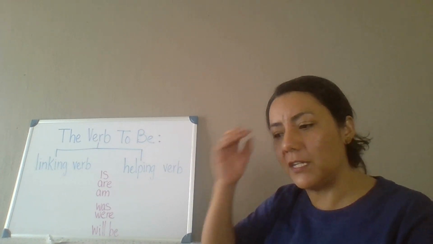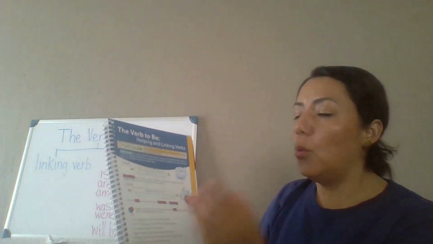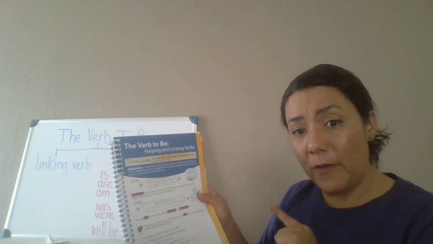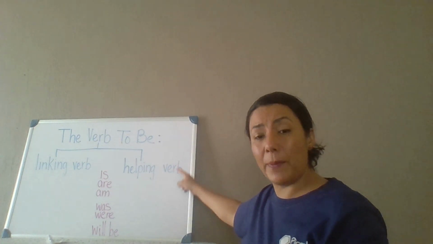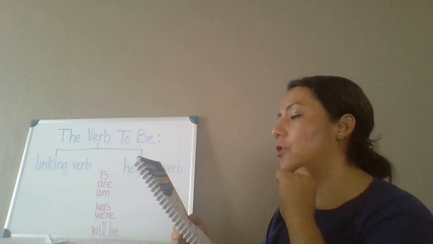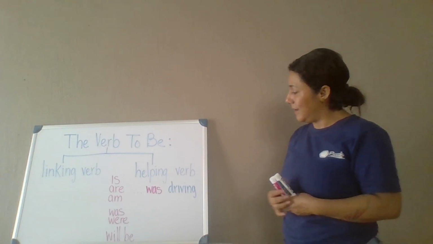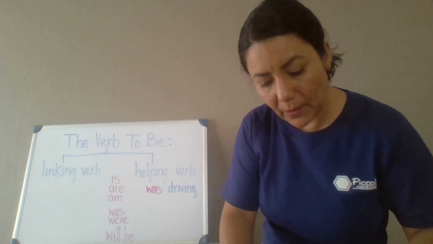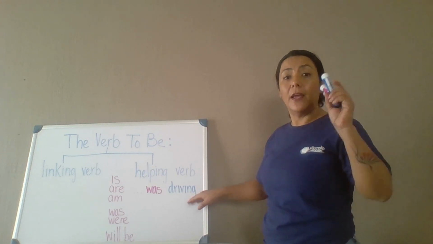Now, remember in the previous class when we worked on this page, we were talking about the verb to be used as linking verb or used as helping verb. The book clearly says right there, helping verbs are used to help the main verb of a sentence. So what the book says is, he was driving on the ring of Kerry.